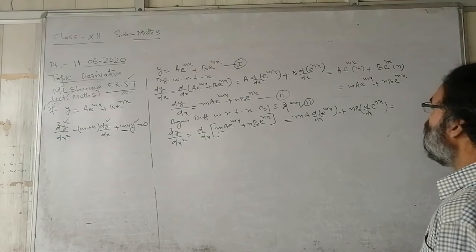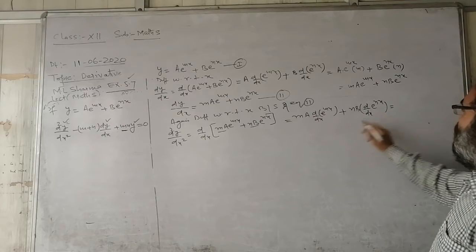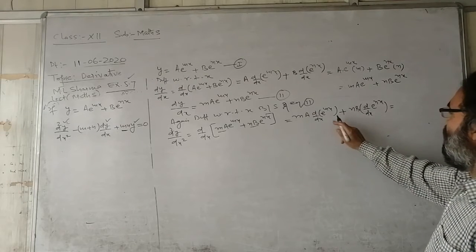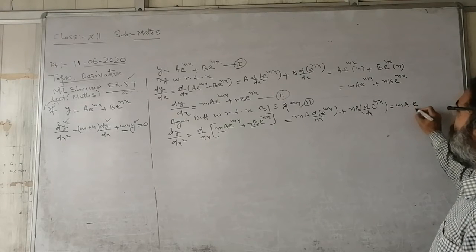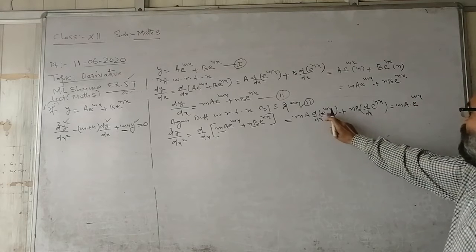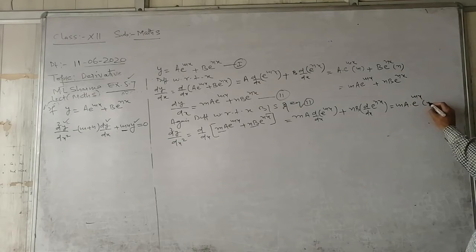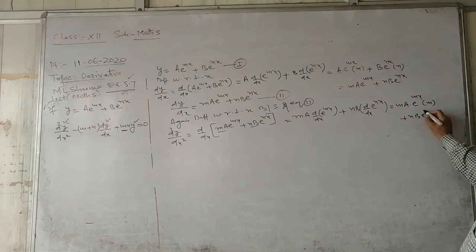This will equal m a into e raised to power mx into derivative of mx, which is m, and same way n b e raised to power nx into n.